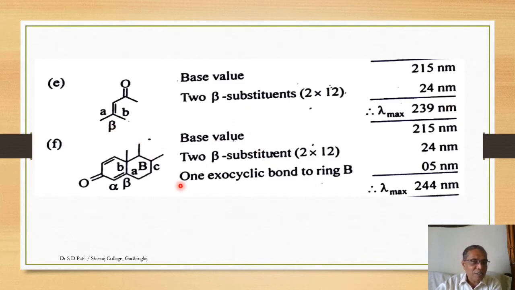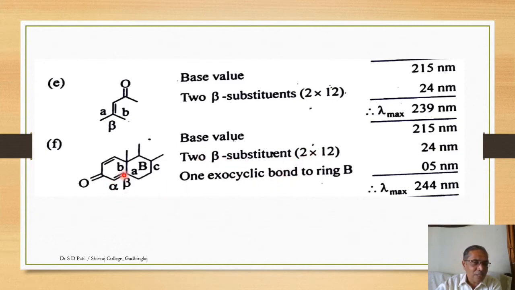In the next structure, you will see that this structure is a hexacyclic enone. Carbonyl group is there, double bond is there. Then the base value is 215 nanometers. Then two beta substituents.